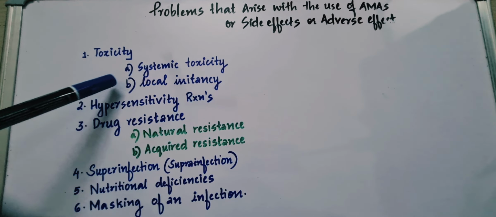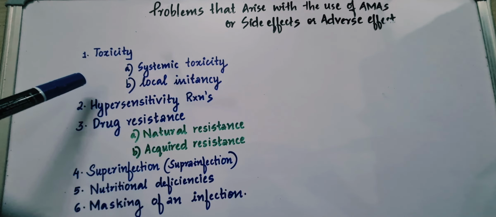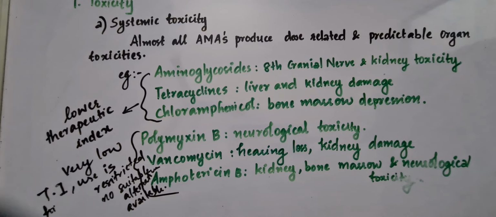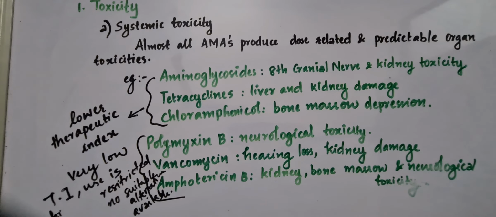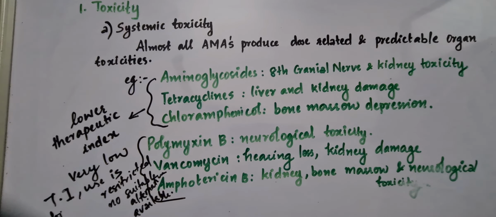First one is toxicity, which involves systemic and local irritancies. In toxicity, first let us see systemic toxicity. In systemic toxicity, multiple sites of our body will be affected. We know that almost all antimicrobial agents produce dose-related and predictable organ toxicities.